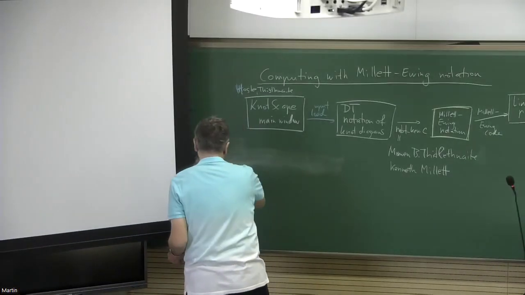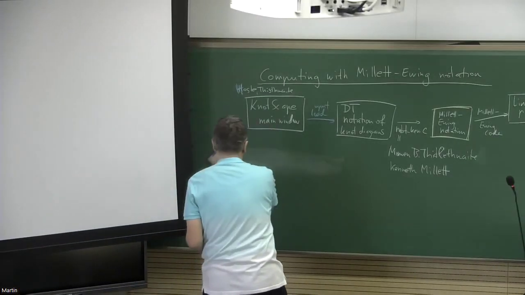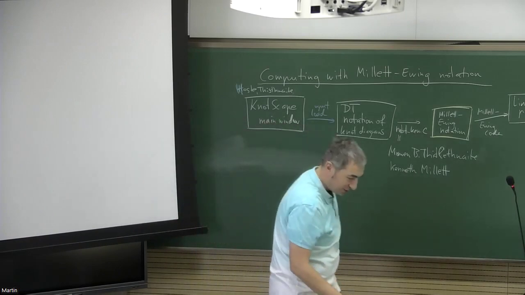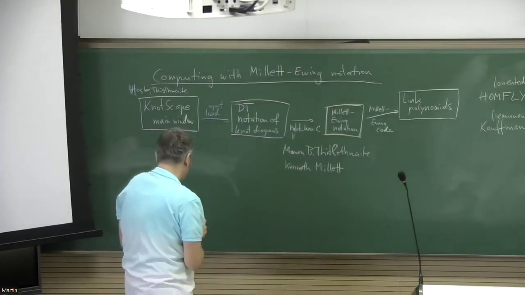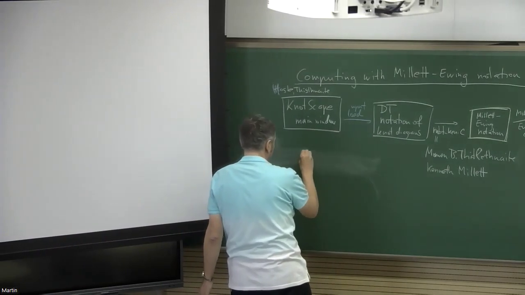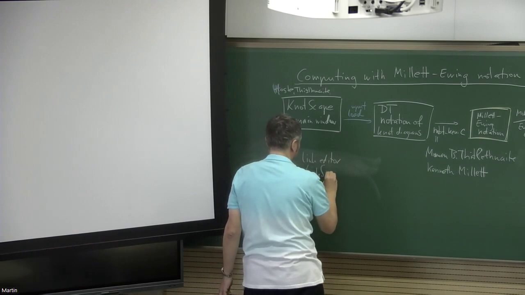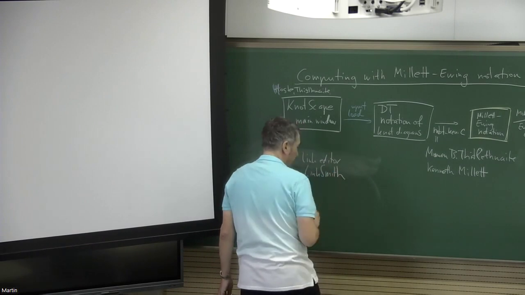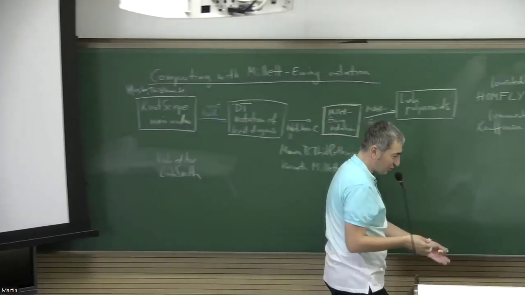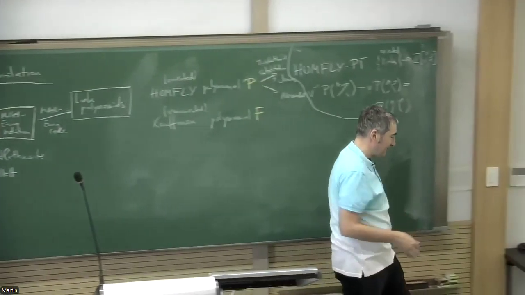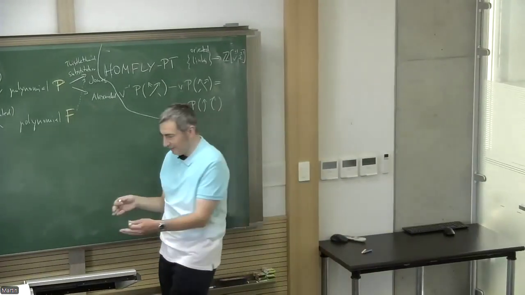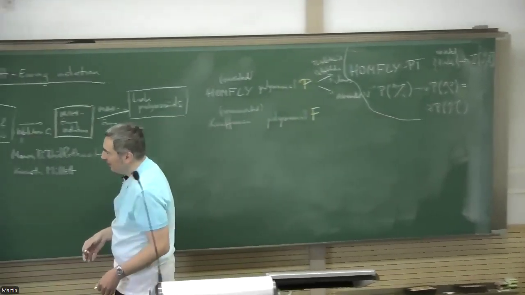So there are a few more things. I think I said this also when I talked about Knotscape, but Knotscape has other functionalities. It has a link editor, which is called Linksmith, where you can draw with your mouse a link as a polygon, with straight lines.